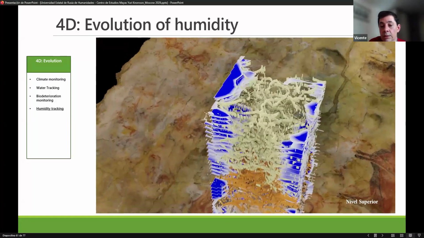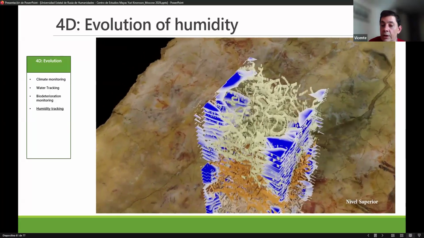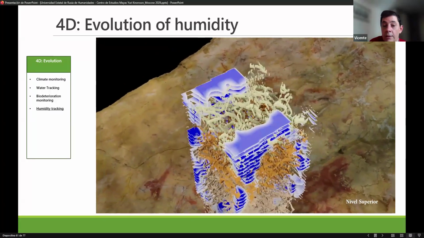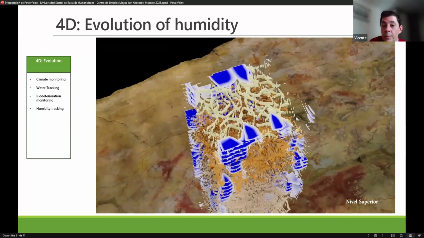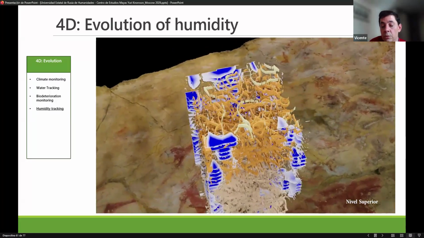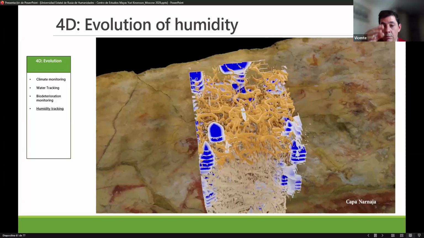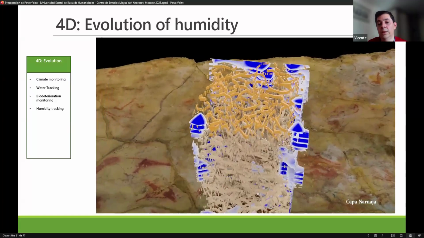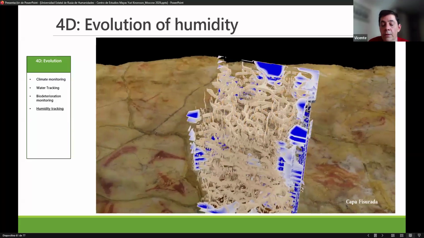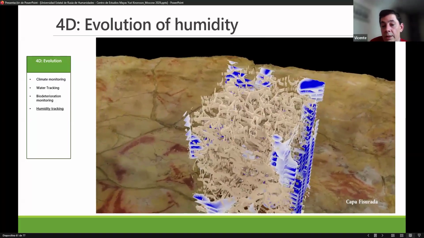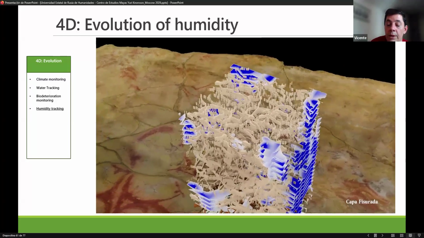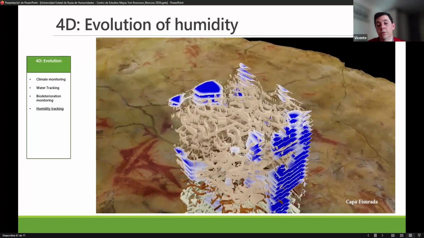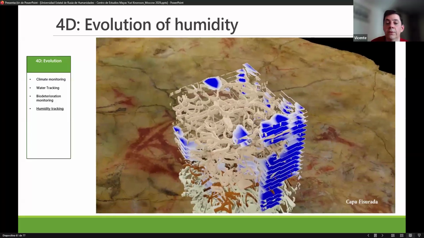But we know that this water is stored in the main fracture of the cave, that are the borders, and in the interior area, in some lagoons that go down through this fracture network. There are some parts that are drier than others, but this is very interesting because of the relationship between all these layers.